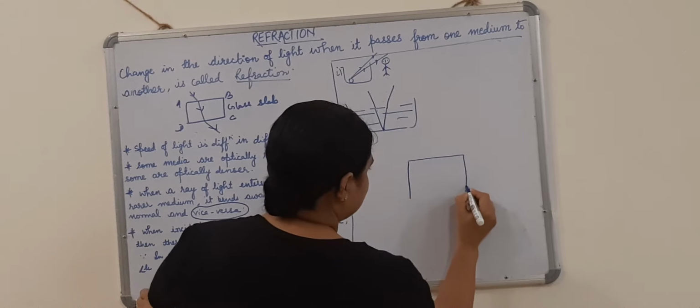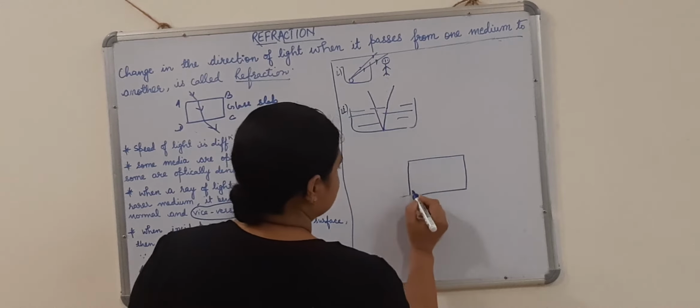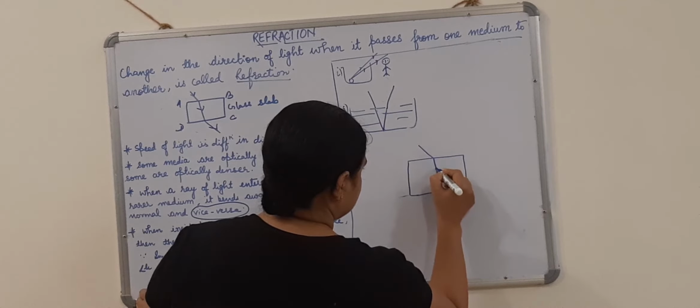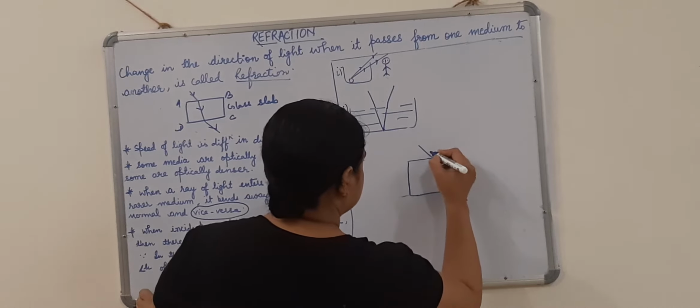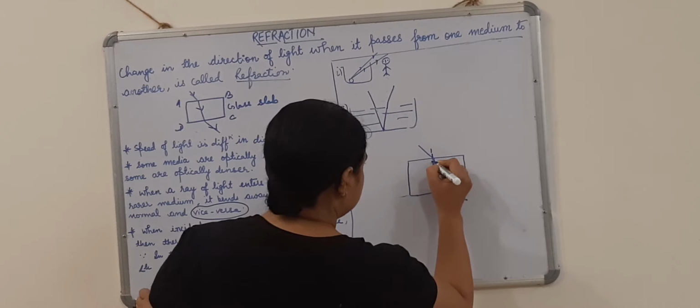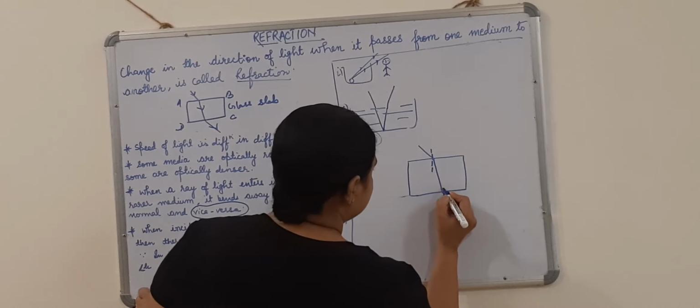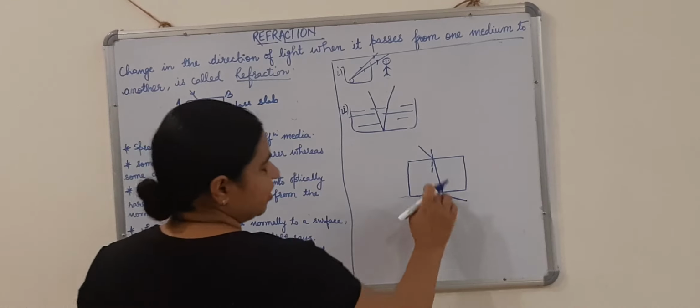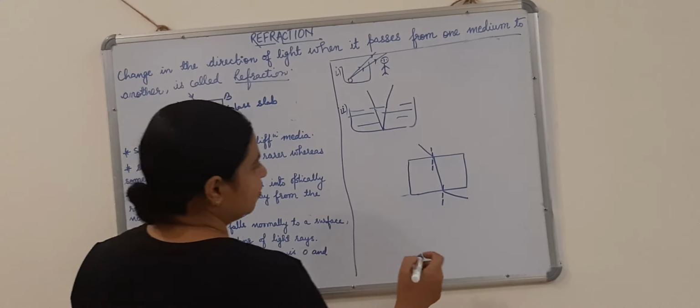I have to use a proper scale, otherwise it's difficult to draw the diagram. See children, this is our normal, 90 degrees here. Again one normal we are going to draw, perpendicular.